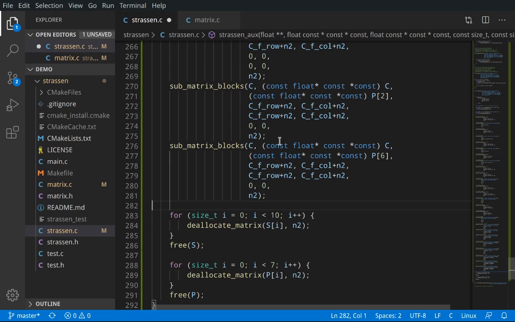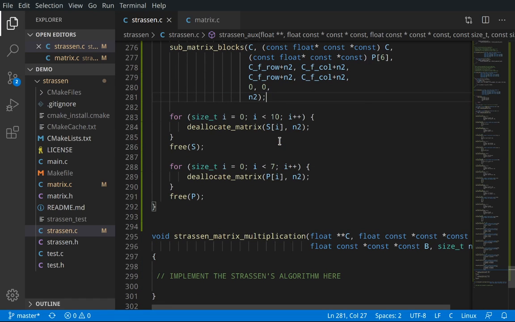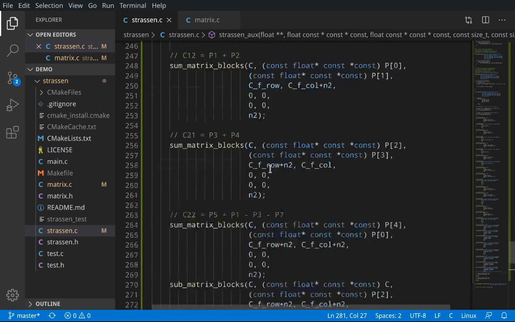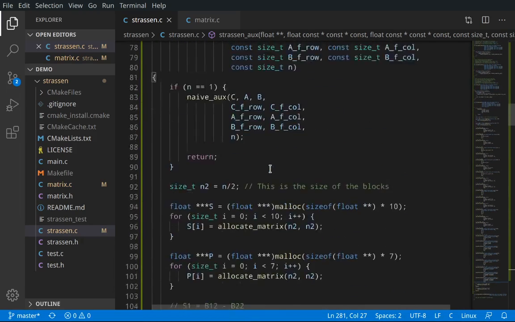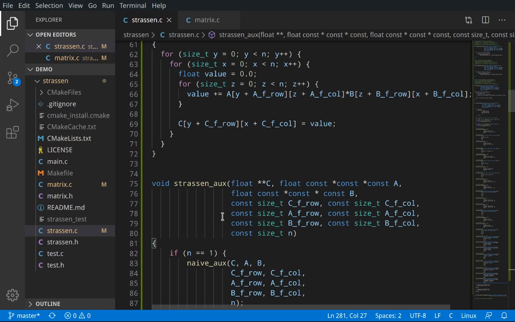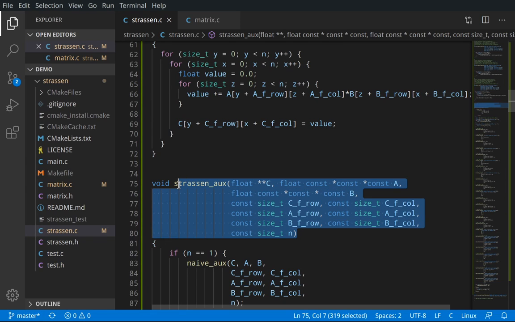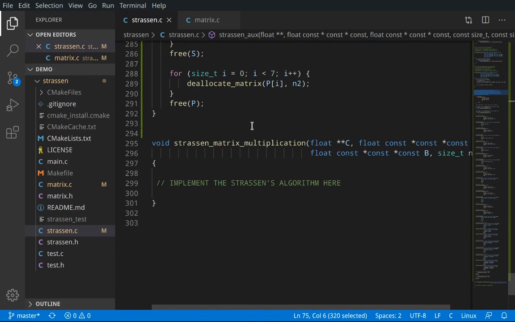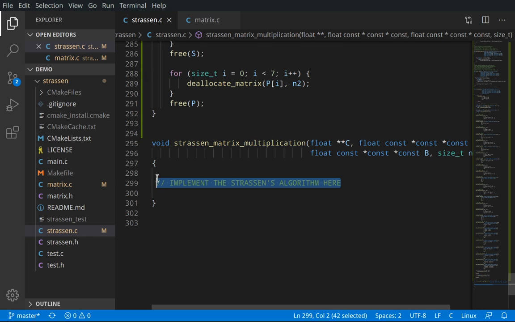As you see, being lazy is not always the best thing to do. So this is it. Now we are left with the call to this function. We have implemented the Strassen auxiliary function, so let me copy its signature, because we have to call it from this function, which basically hides the details of the API.